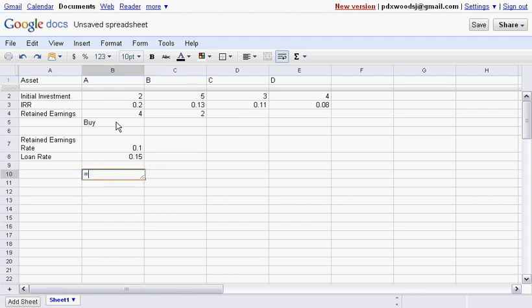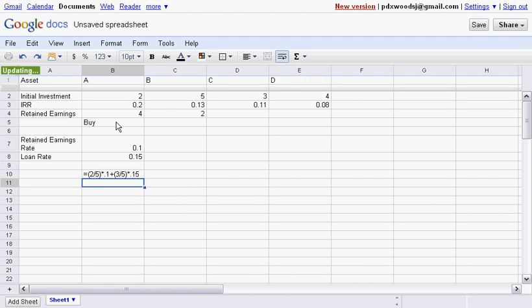So what we're actually doing here is taking $2 out of the 5 it costs to buy asset B and funding it at the retained earnings rate of 10%. Then let's fund the remaining 3 out of the $5 at the loan rate, which is 15%. And so this is just a weighted average of those two interest rates, proportional to where our funding is actually coming from.